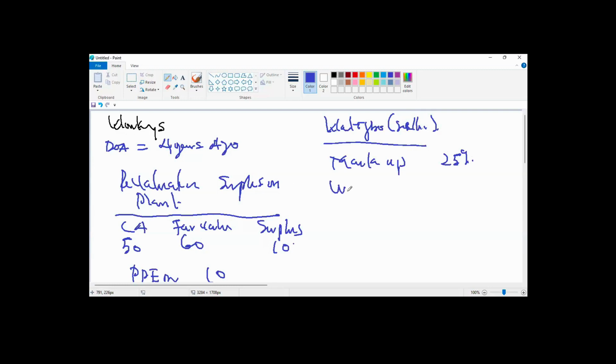Then there is unsold inventory of $45. Unrealized profits on inventory: 25 over cost plus markup, 100 plus 25, times 45.